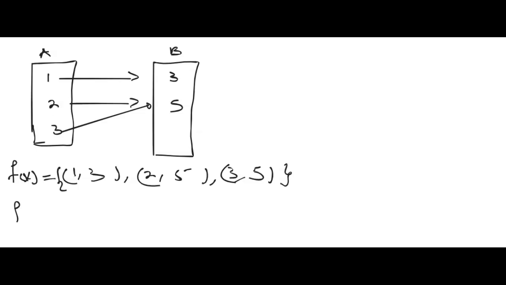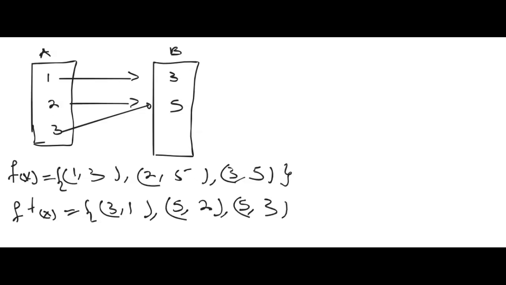But when we write the inverse function, you see that the inverse function becomes (3, 1), (5, 2), and (5, 3). The inverse function must also be a function. But in this case, we have a domain element having different images.